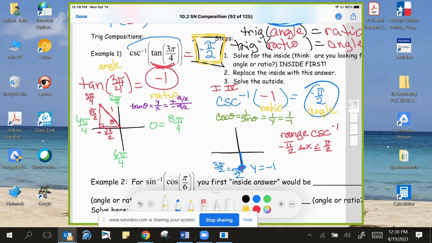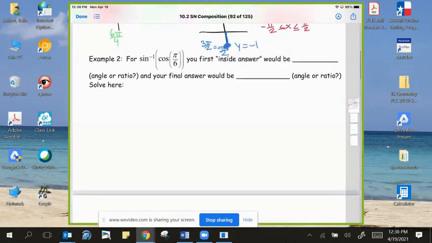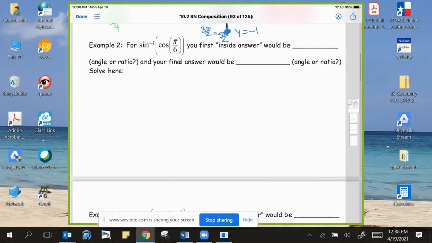All right, let's take a look at example 2. Let's reason through this. We have sine inverse of cosine of pi over 6. So this inside answer is cosine of pi over 6.